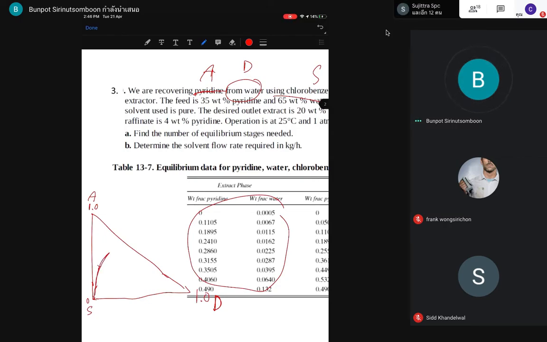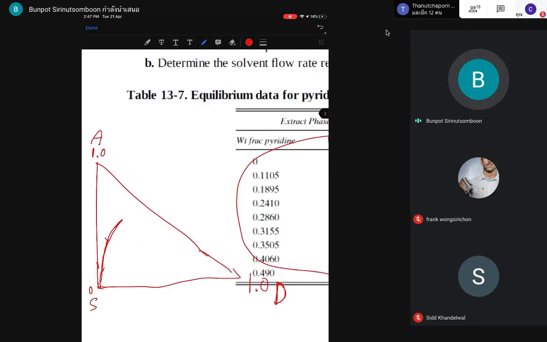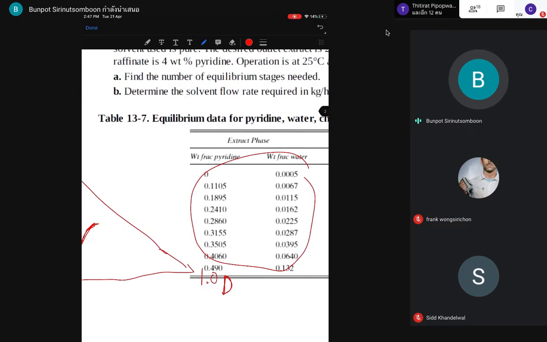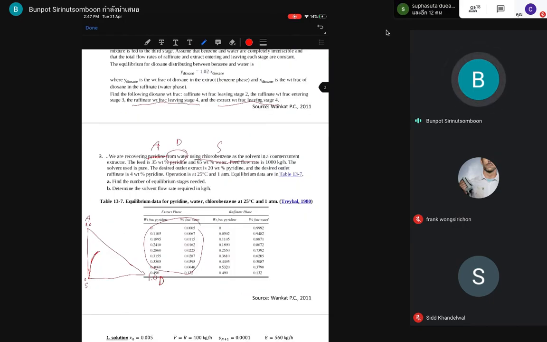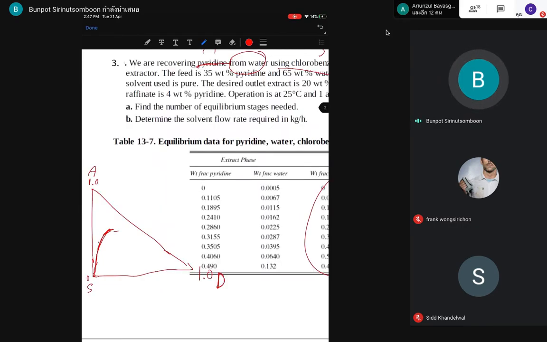So this line right here is for the extract phase. Using this set of data, when you make a plot, it's going to look something like this. And if you use the data of the raffinate phase, you're going to get the other line on this side here.